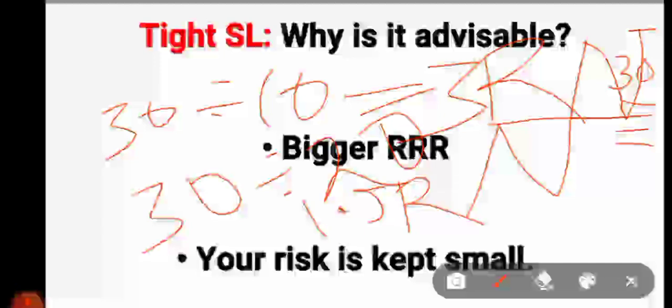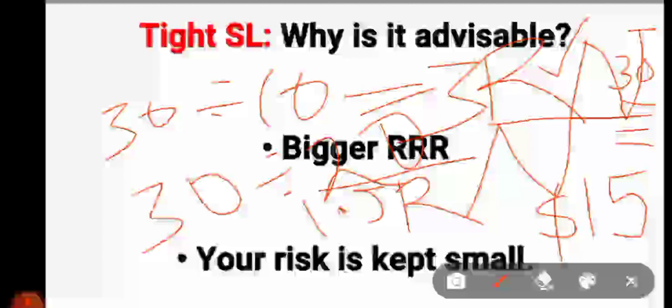If we both used $10 to go into this market, the person who used the tight stop loss is gaining $30, but the person who used a 20 pip stop loss is gaining just $15. You see the trick there. He gained half of what someone who uses a tight stop loss will gain. So that's just one good thing about it.